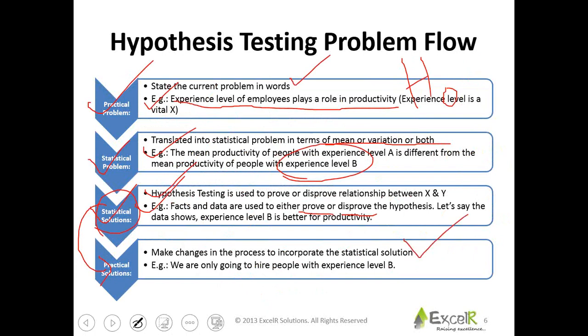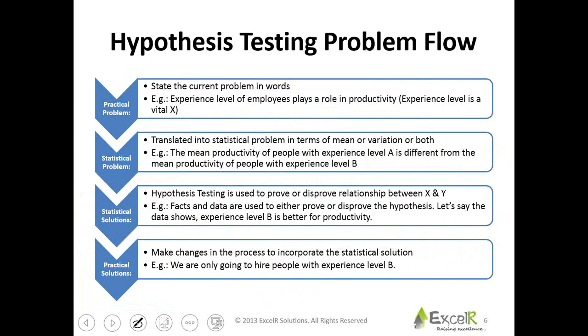What is a practical solution? Make changes in the process to incorporate the statistical solution. For example, we are only going to hire people with experience level B. That is the final solution that you're going to give to your HR department. To your management, you're going to go and say that.